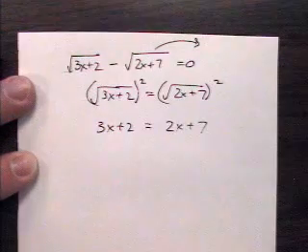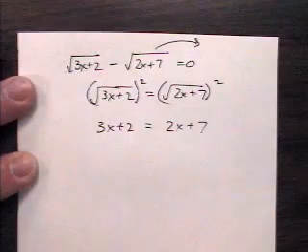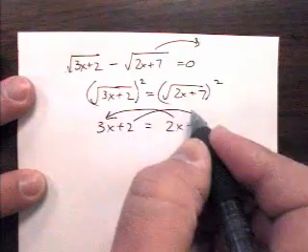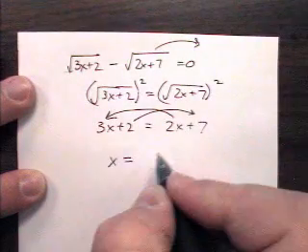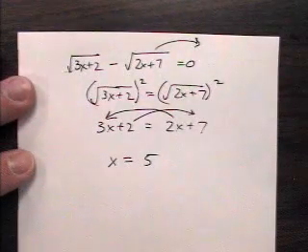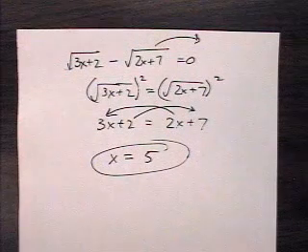You're left with a linear binomial on both sides. That's very easy to solve, right? You're going to bring the 2x to this side. You're going to bring the 2 to that side, giving me an x value of 5. And there you go. That was a very easy one to solve, especially compared to that last one.